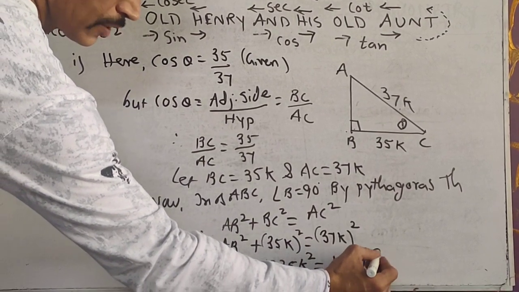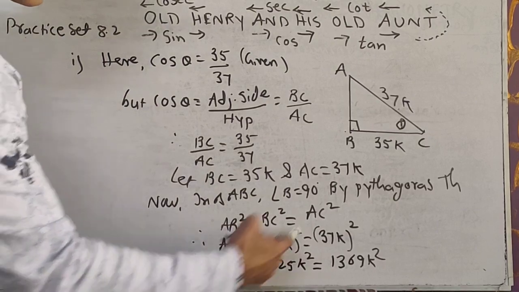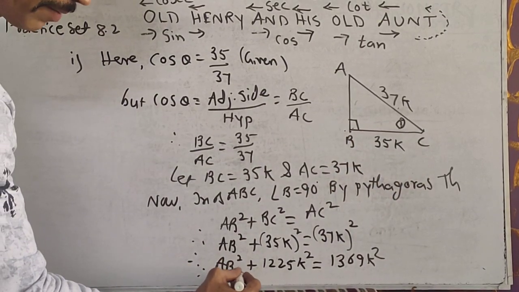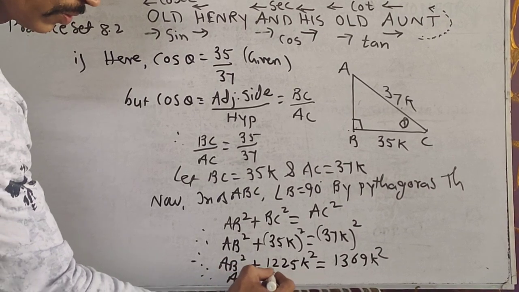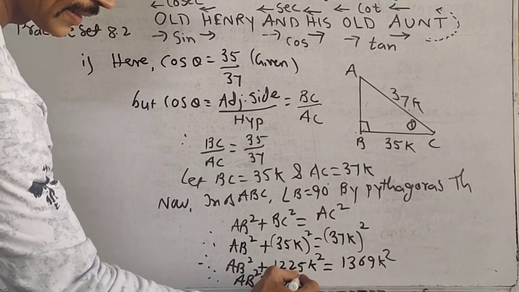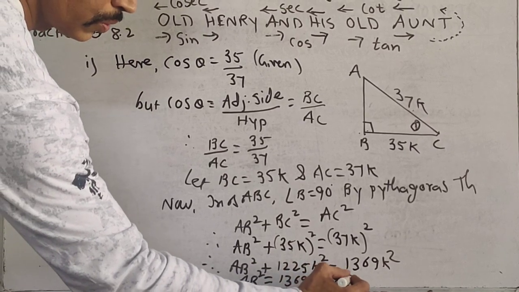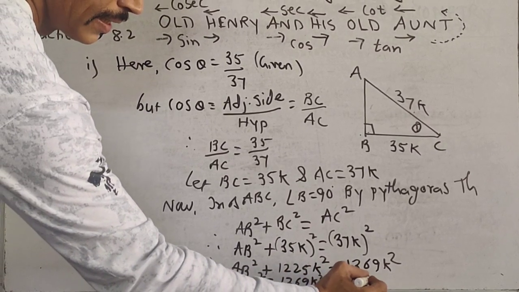1369 k square. Okay, now this will go there and becomes minus. So therefore AB square is equal to 1369 k square minus 1225 k square.